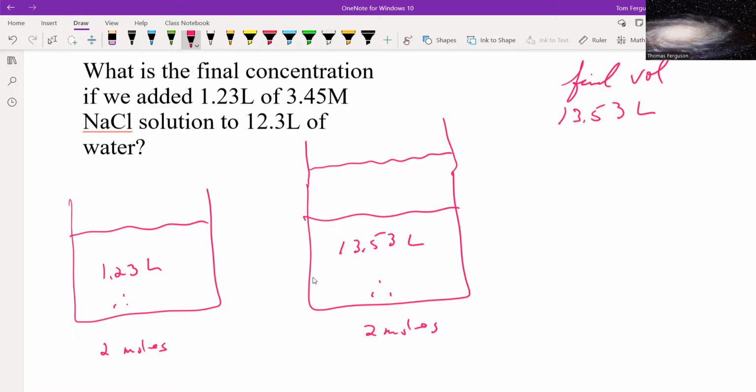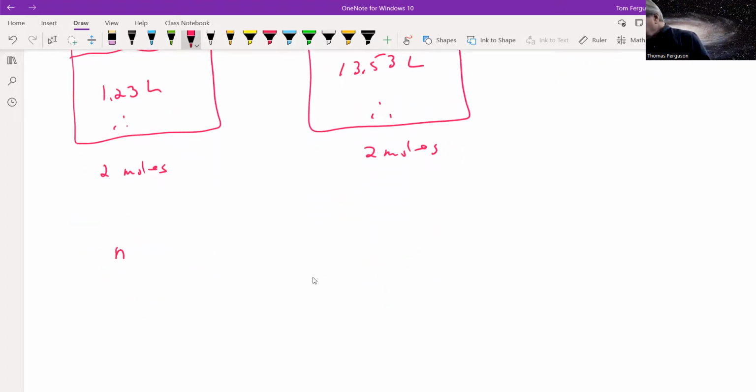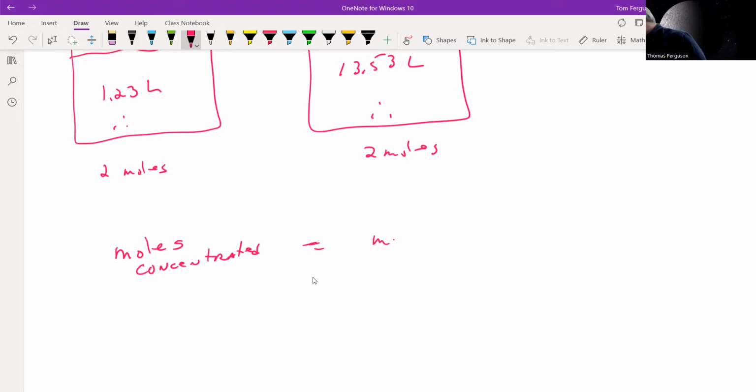So that means we can say, okay, moles concentrated equals moles dilute.